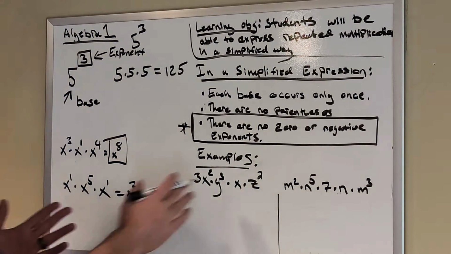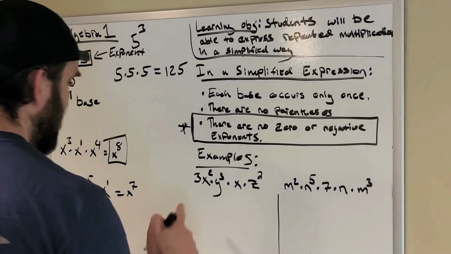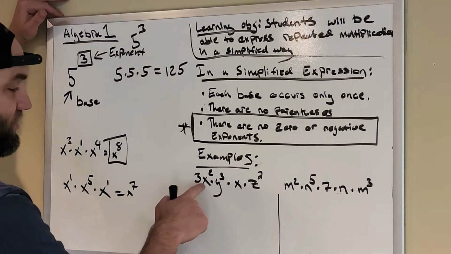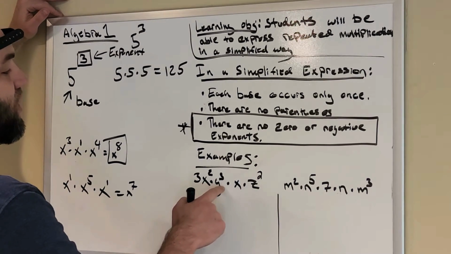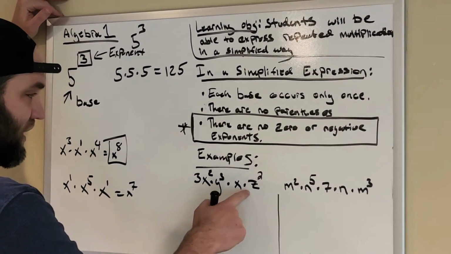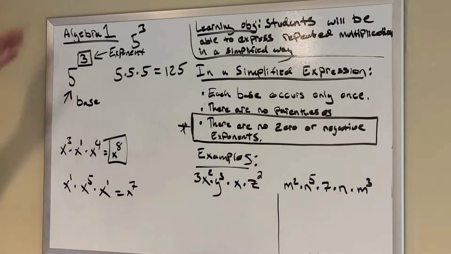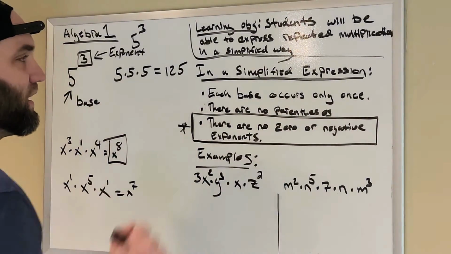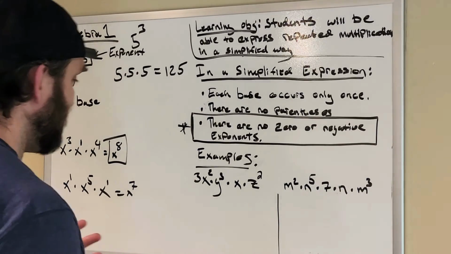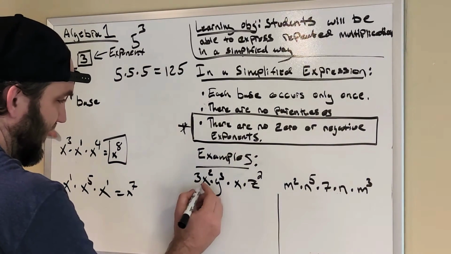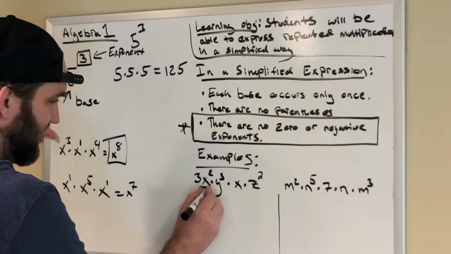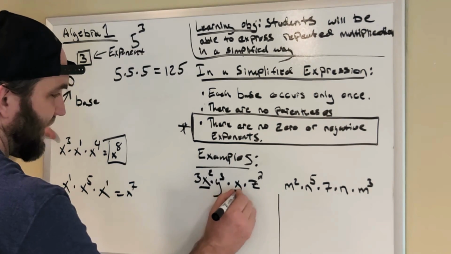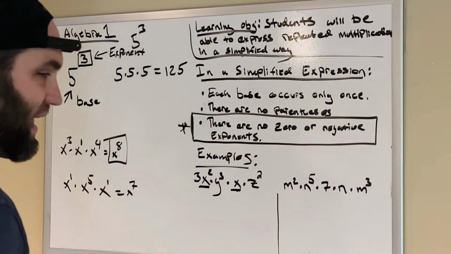So, let's go over a couple examples here. First example is 3x squared times y to the third times x times z to the second. First thing I have to see: do I have multiple bases in here? I do. I have an x squared and an x, which means I have to simplify this down.